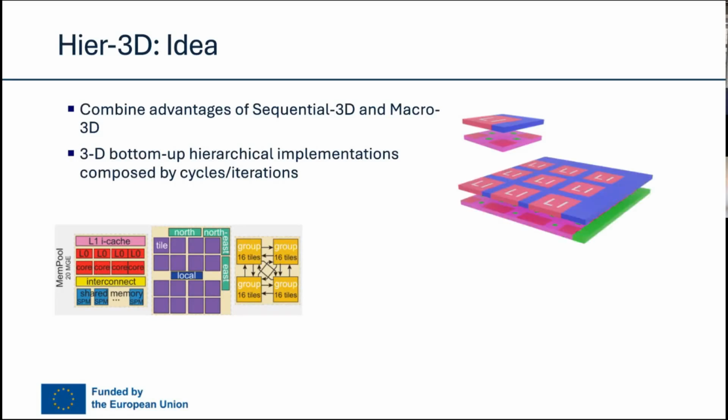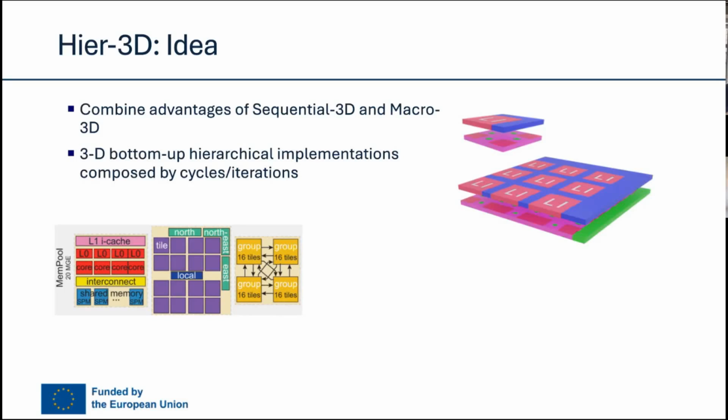Once we have the tile, we can create the group. For that, conceptually, we just have to integrate these 16 tiles and add the logic for the local interconnect and for the NoC. Note that we can do this just by swapping the concept of what is the working tier and what is the tier where it is fixed, so that in this iteration, the complete tile is seen as an IP, only occupying the part where the standard cells and the L1 memory are located.